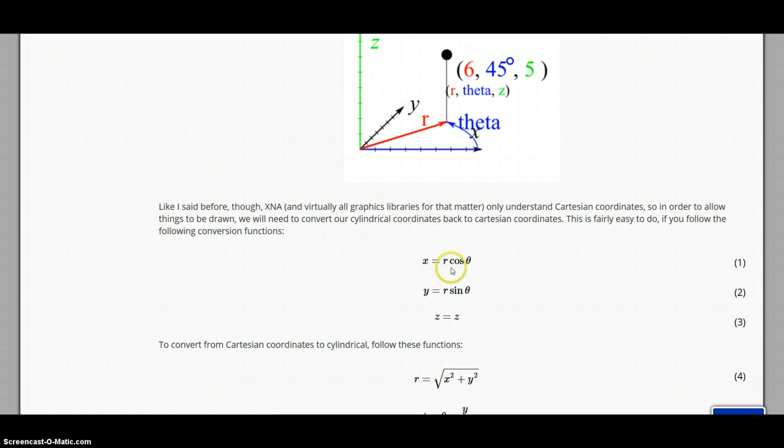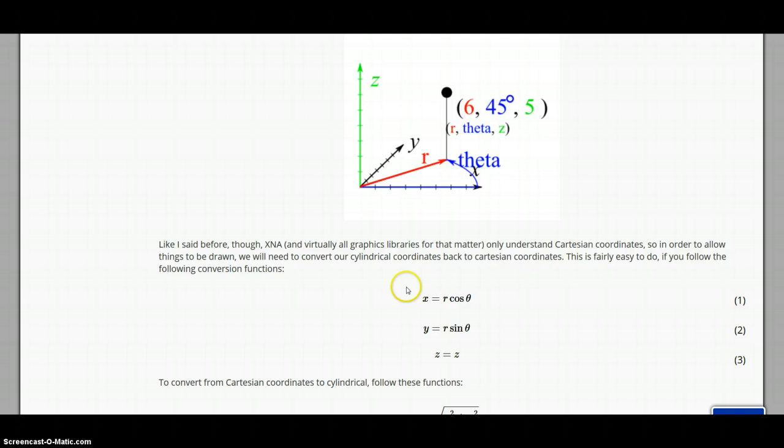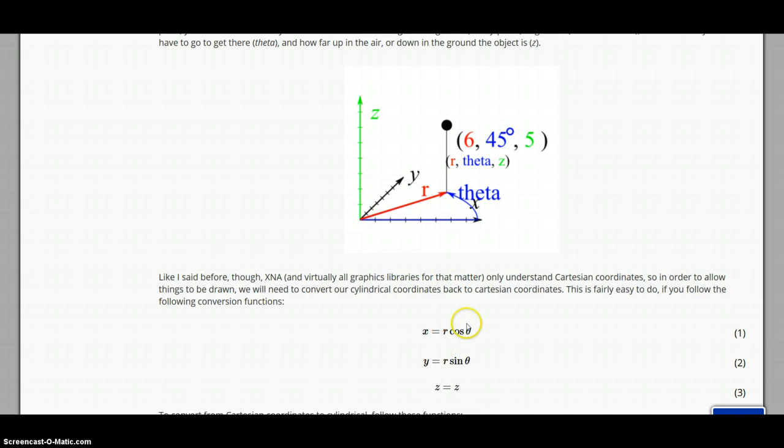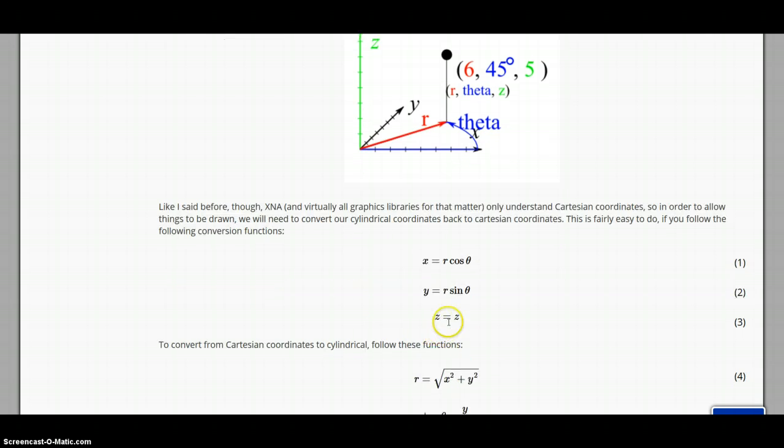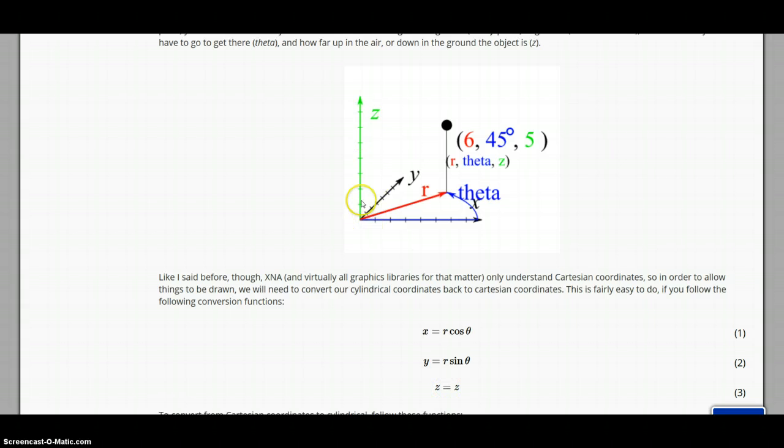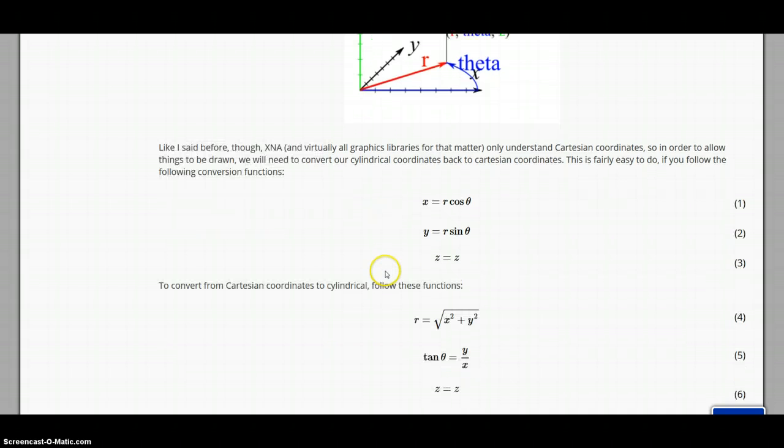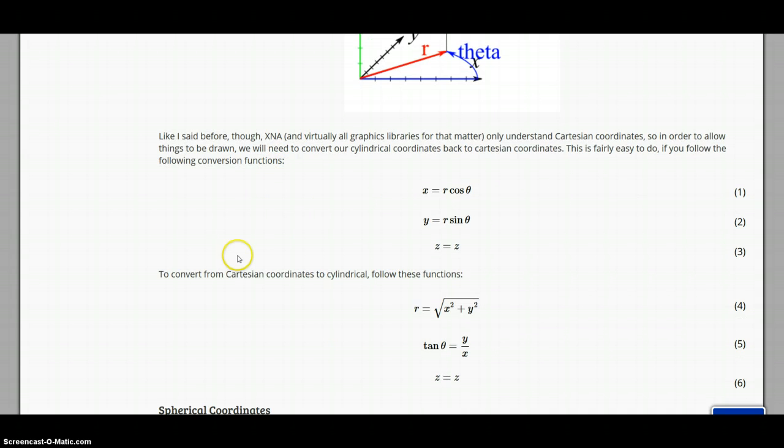To get the Cartesian x, you take r times the cosine of the angle, and to get y, you take r times the sine of the angle. The z is represented the same way as in Cartesian, so there's no need for any conversion. Also, Cartesian coordinates can be converted into cylindrical coordinates this way.